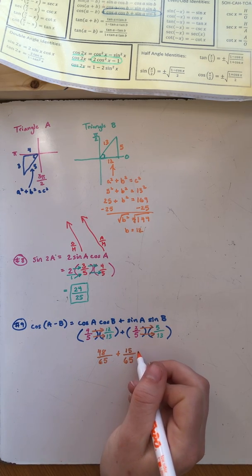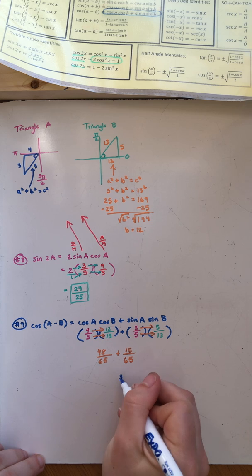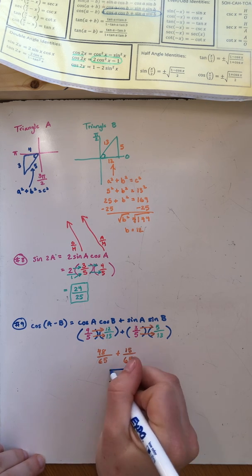Then you'll do 48 plus 15, 63, and then they have the same denominator, so you keep it as 65.